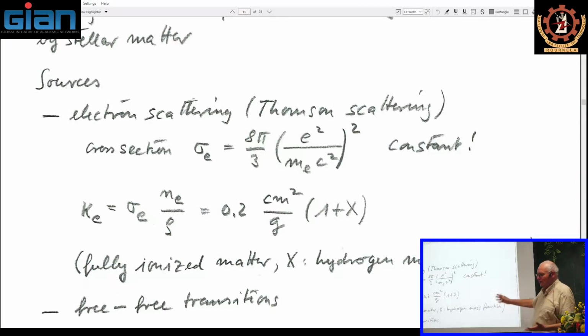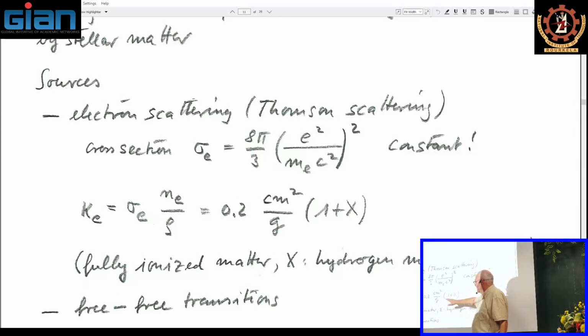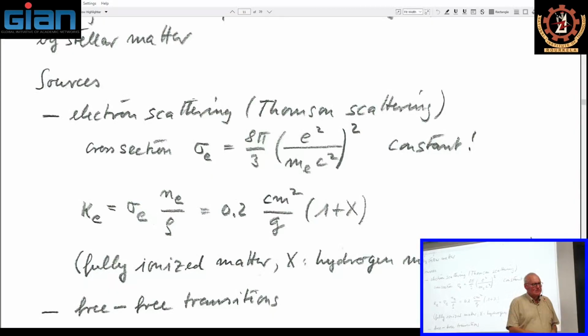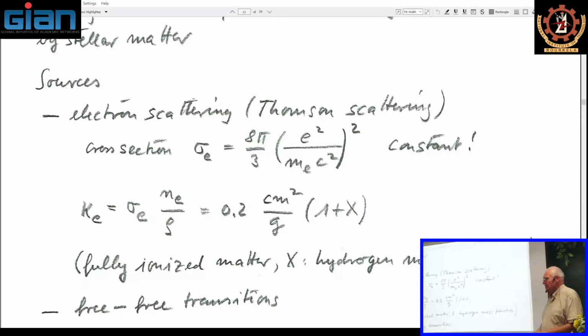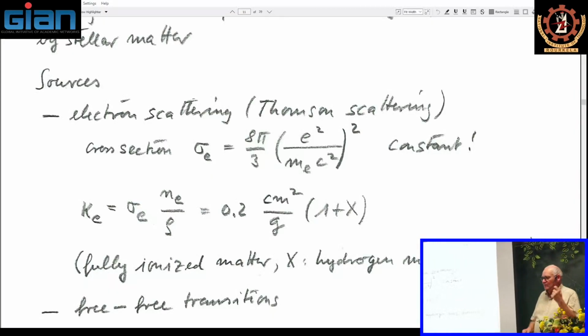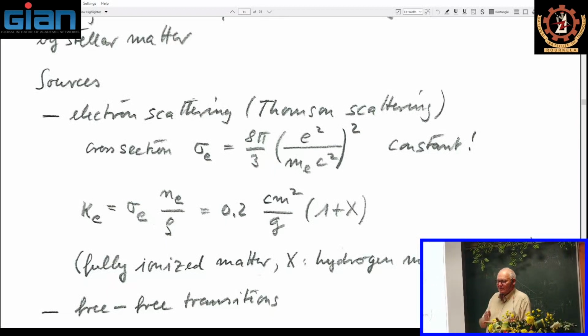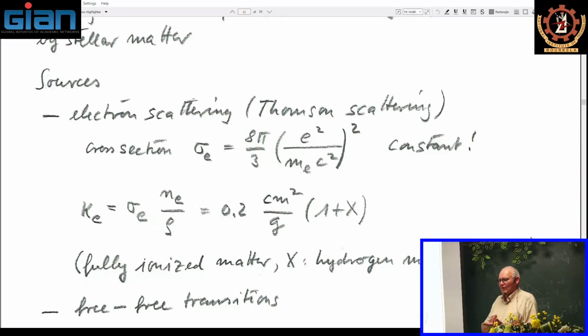This is not true for hydrogen, and therefore the hydrogen mass fraction occurs here. So the opacity depends a little bit on the hydrogen mass fraction. It's given by 0.2 centimeters squared per gram times (1 + X), because the proton, of course, disturbs the symmetry of nuclear matter.